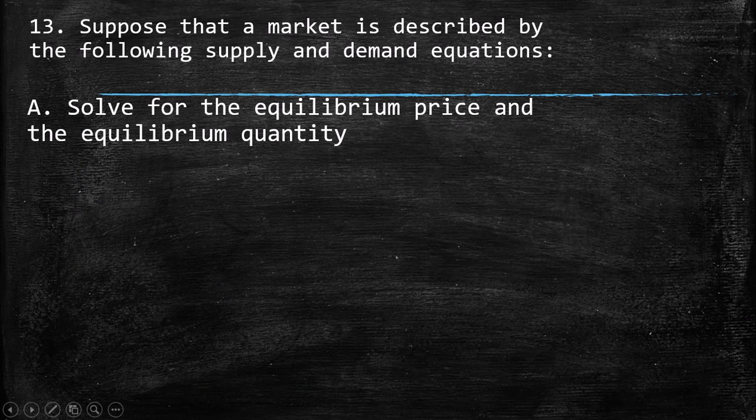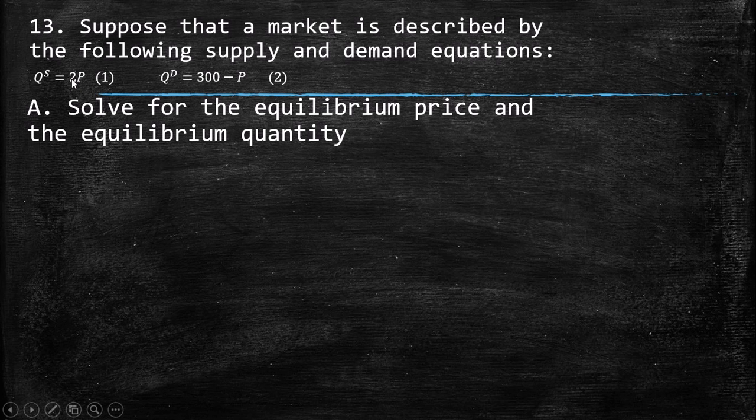So 13. Suppose that a market is described by the following supply and demand equations. So here we have the supply curve, and here we have the demand curve. It's important to see how the slope, which is denoted by P, is positive.